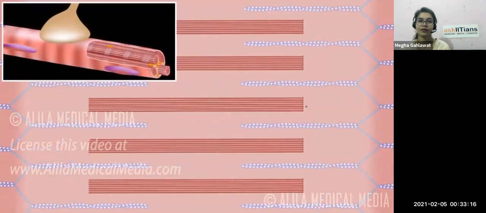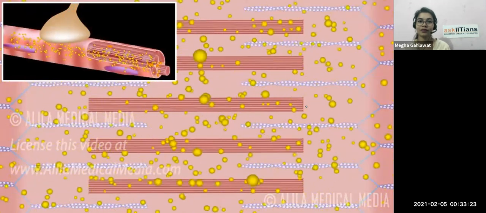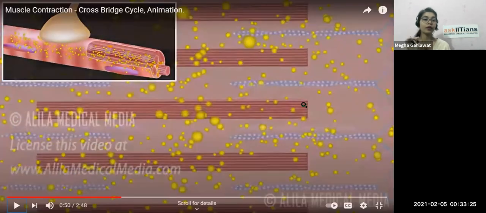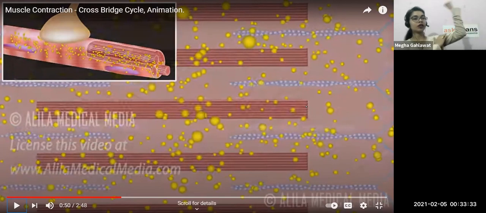Muscle contraction is initiated when muscle fibers are stimulated by a nerve impulse and calcium ions are released. Remember when I told you about the smooth endoplasmic reticulum, which has a lot of calcium reservoir, and now we're talking about the movement. When I'm moving my hand, my muscles are contracting, and when I'm relaxing my hand, my muscles are relaxing.